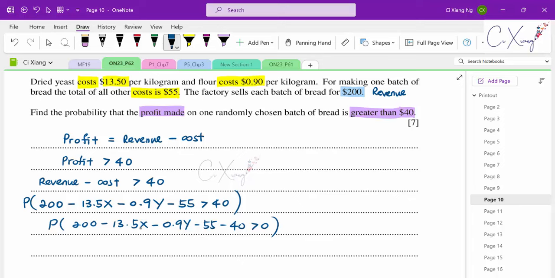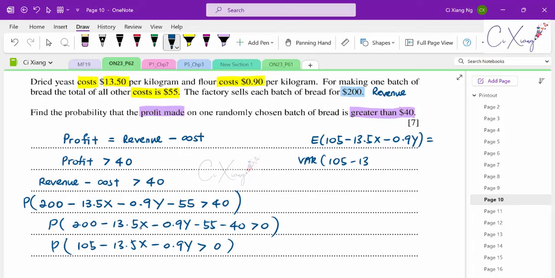So if you try to simplify the equation on the left, then you're having 200 minus 55 minus 40. So it becomes 105. So 105 minus 13.5x minus 0.9y greater than 0. Then they try to find out the mean for 105 minus 13.5x minus 0.9y and also the variance. Then after that, they calculate the probability. So this is one way.